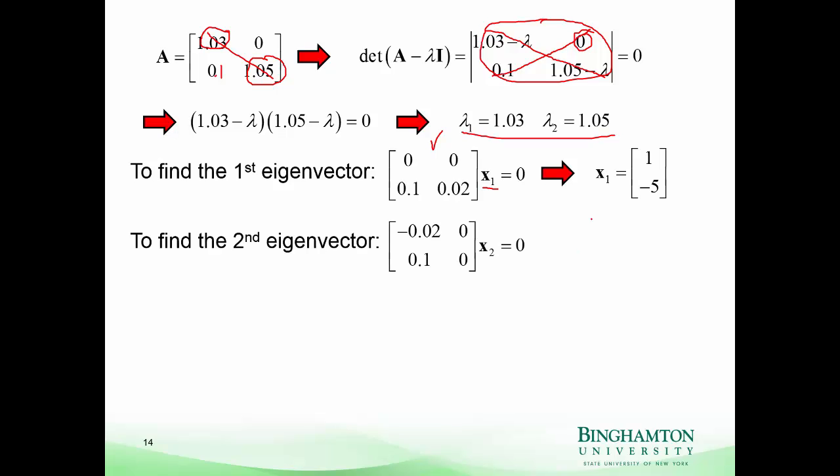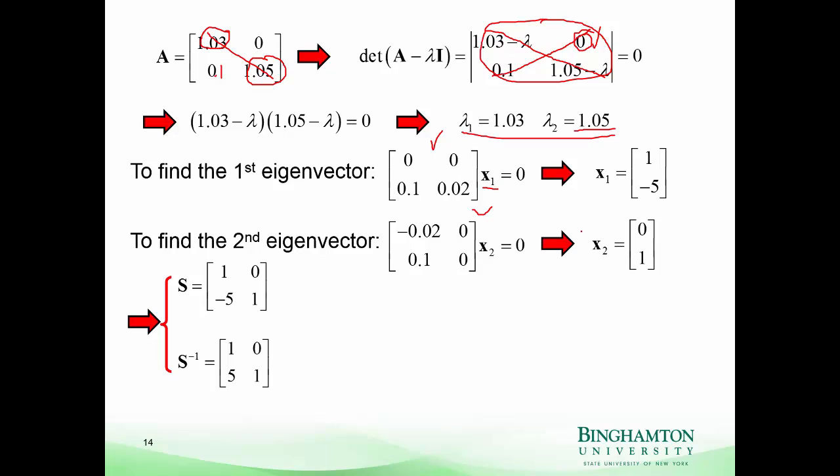To find the second eigenvector, I plug in lambda equal to 1.05 into this matrix, and I get something that looks like this. Again, we see a 2 by 2 with a rank of 1, so my null space has a dimension of 1. So I should get one eigenvector, and if we solve that, we can see that that one is a valid eigenvector. Again, I can multiply that x2 by any number that I want, but this is a simple one, and that one does have unit length.